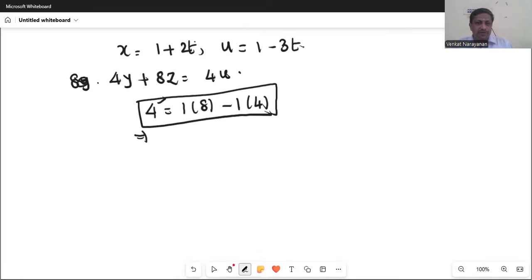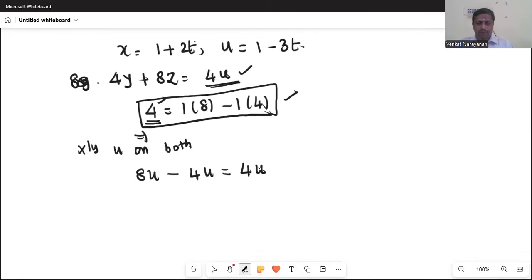What is the difference between these two equations? The left hand side contains 4u, but here only 4 is available. So we multiply u on both terms. So 8 times u minus 4 times u equal to 4u. But what is u?